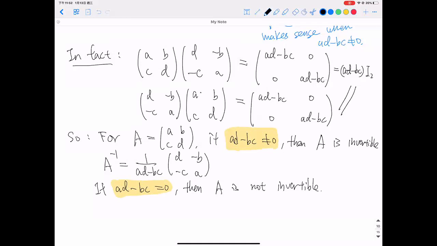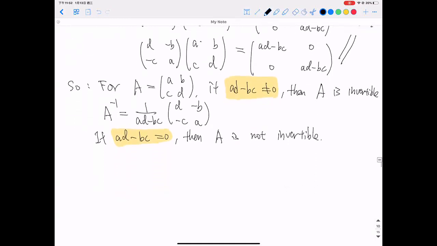Okay, so now the next discussion is about properties of matrix inverses.